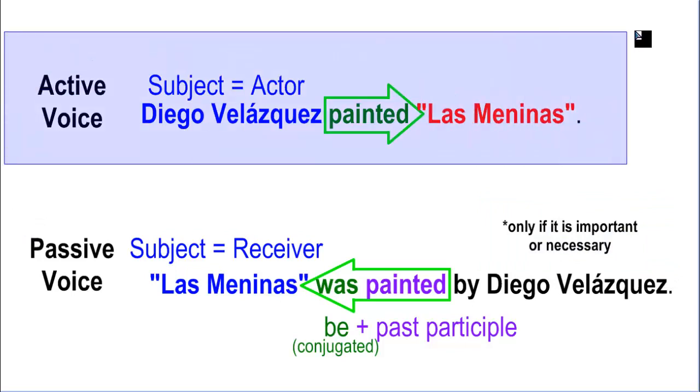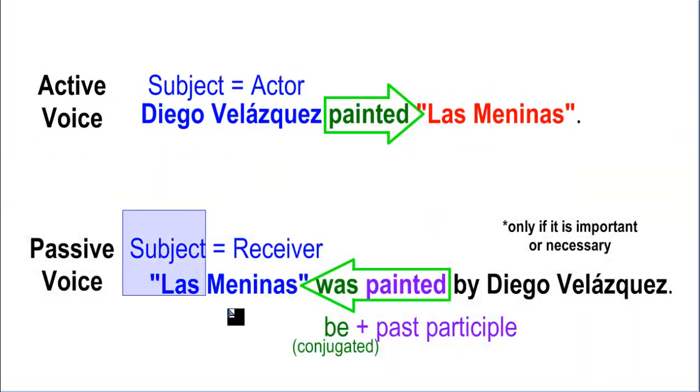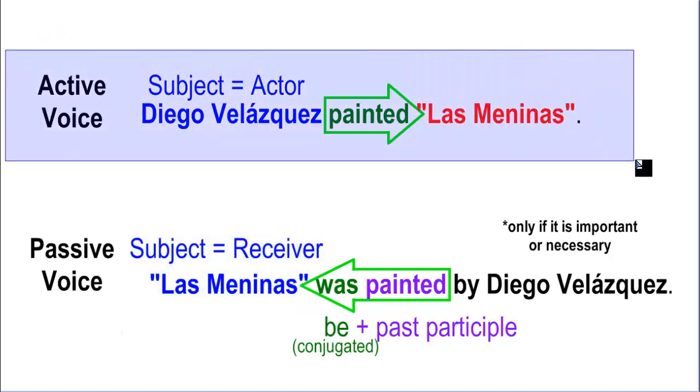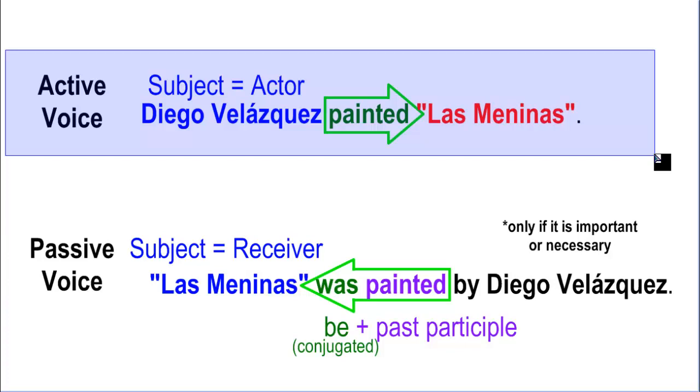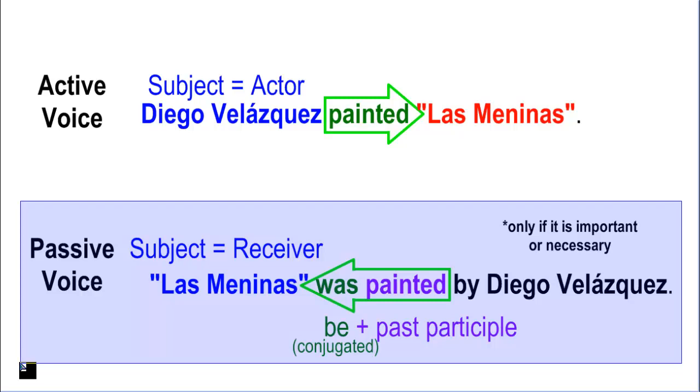Try to use active voice most of the time, but you can also use passive voice, especially if the receiver is more important and we don't care for the performer of the action. That's the difference between active and passive voice, the emphasis. Still, it's more preferable to use active voice, but passive voice is perfectly fine when you're talking about objects. Especially art or paintings or discoveries, etc.